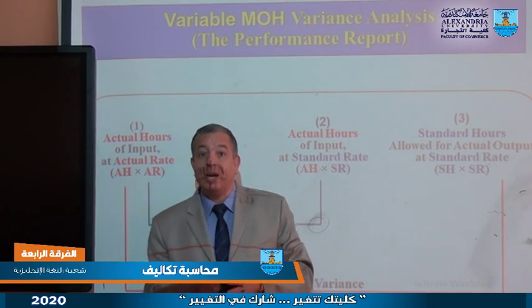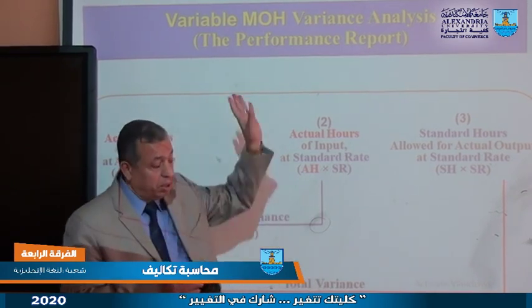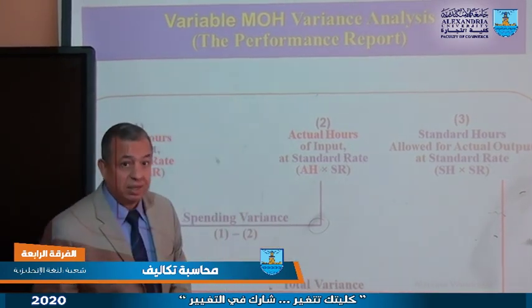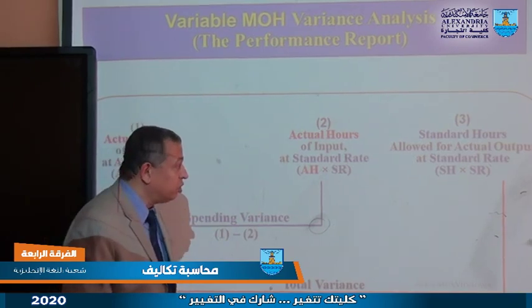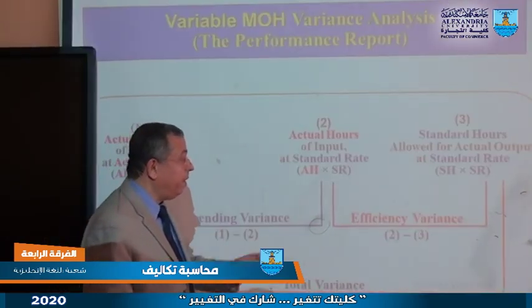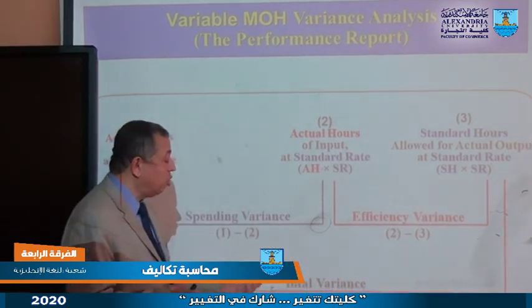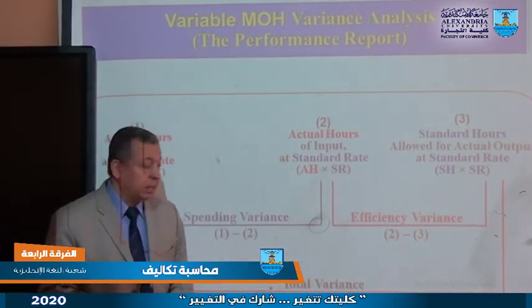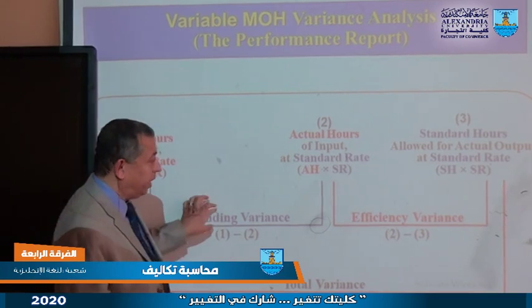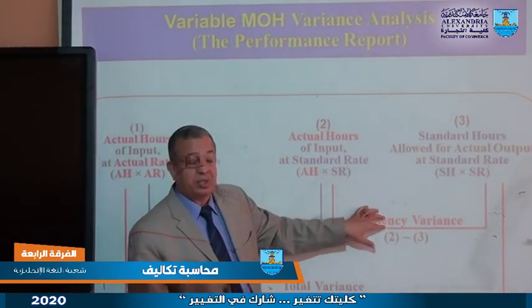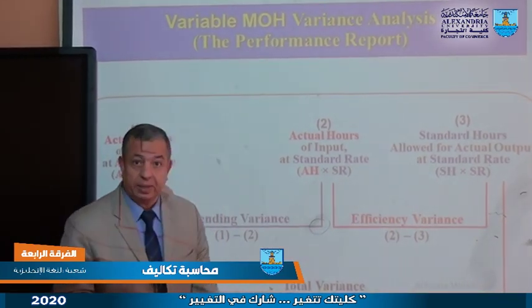Regardless, I speak about direct labor variance analysis or variable manufacturing overhead variance analysis also, the difference between hours will be efficiency. Don't forget, I explain why I have total variance. So the total of spending and efficiency variances must equal total variance.